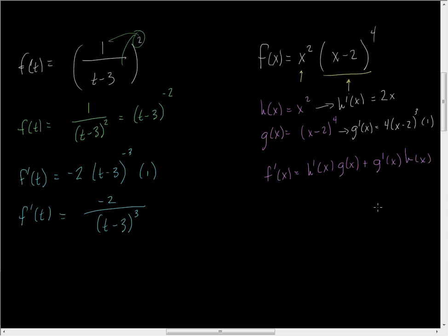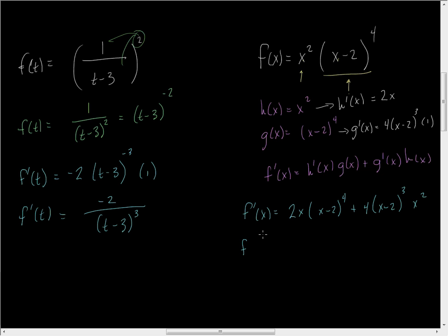All right, so let's substitute these in then. We've got f prime of x is equal to h prime of x, which is 2x, times g of x, which is x minus 2 to the fourth, plus the derivative of g of x, which we said was 4 times the quantity x minus 2 cubed, times h of x, which is x squared. All right, so let's clean this up just a little bit here.